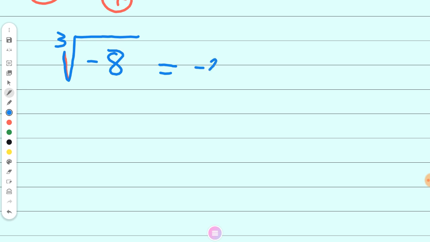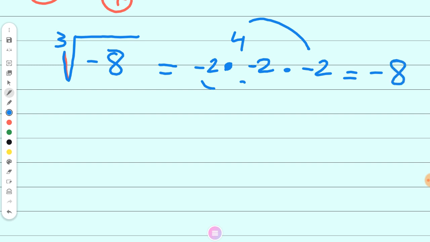Yes, negative 2 times negative 2 times negative 2. Negative times negative is positive, so positive 4. Then positive times negative gives 4 times 2, so it's negative 8. So the cube root of negative 8 can be written as negative 2.